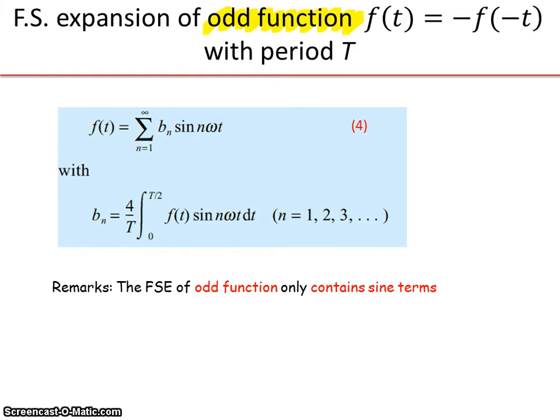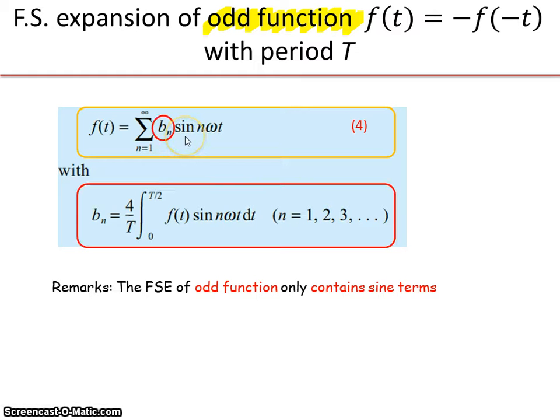Okay, now let's look at the Fourier series expansion of an odd function, where f(t) is defined as minus f(minus t) with period T. Here, f(t) is defined as a summation of bn sin n omega t, where bn is defined as this formula.